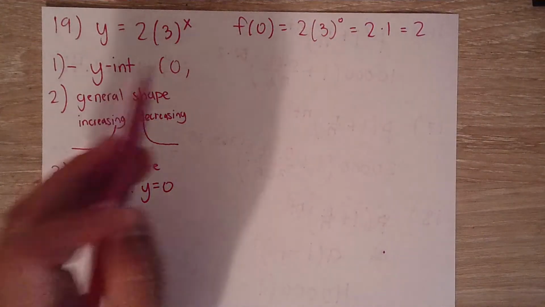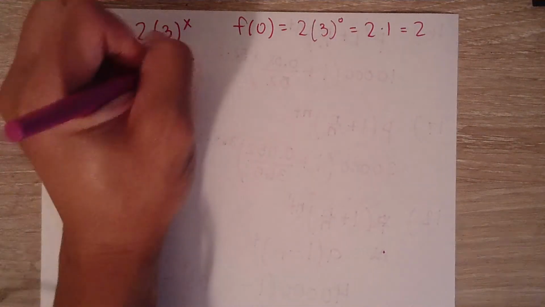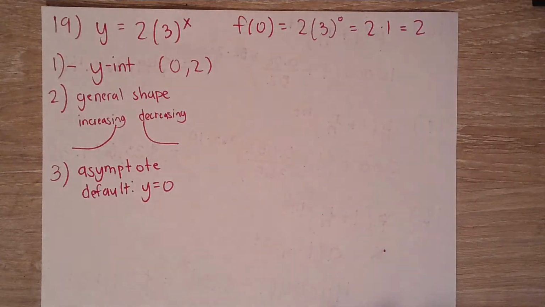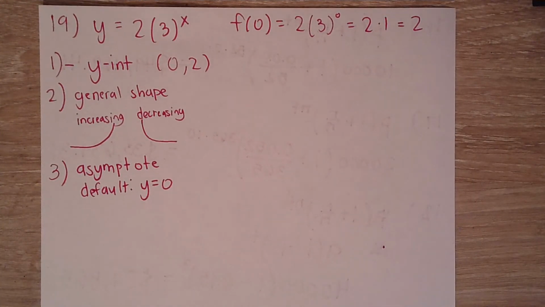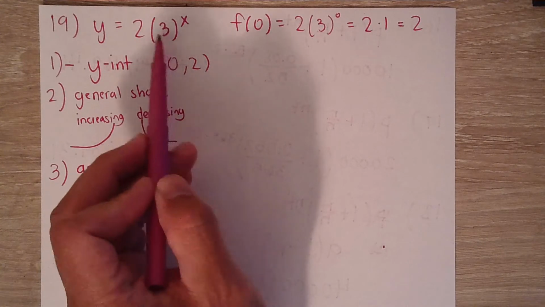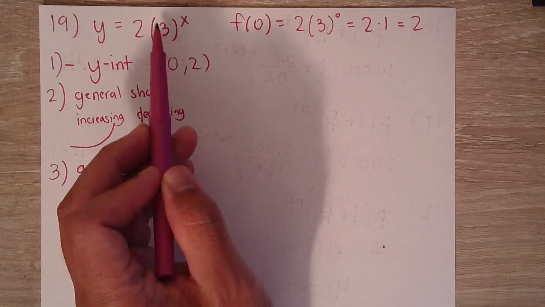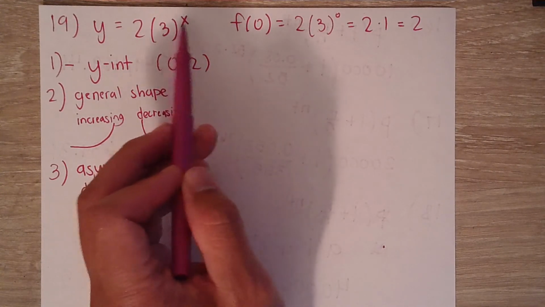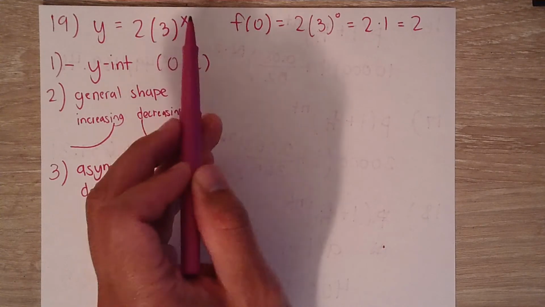That gives us an answer of 2. All right, so our input is 0. Our output is 2. That's our y-intercept. All right, our general shape, is this going to be increasing or decreasing? Well, think of it this way. Our base is 3. So we can think of it as keep on multiplying that, right? Because that's what our exponent means. We're just going to raise it to that x power.